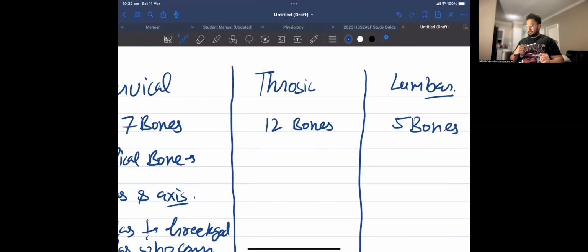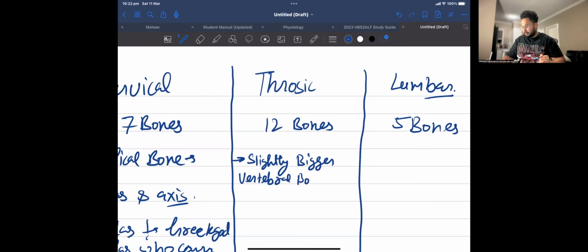First of all, in the thoracic region we have 12 bones. We have already talked about it. And it has a slightly bigger vertebral body. All good. I'll show you how.